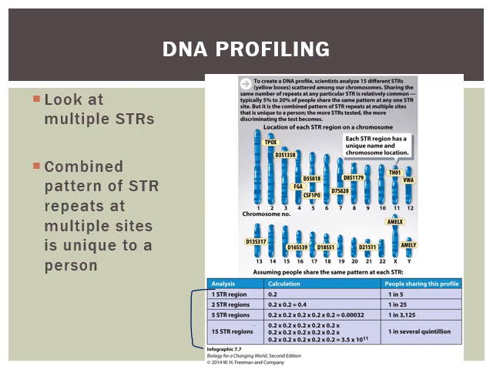But say you look at 15, all of a sudden now your chances are 1 in several quintillion, which basically means that if you look at 15 STR regions and you find one that matches up with your sample, that's the person. There's basically no other chance it can be someone else if it matches up exactly.